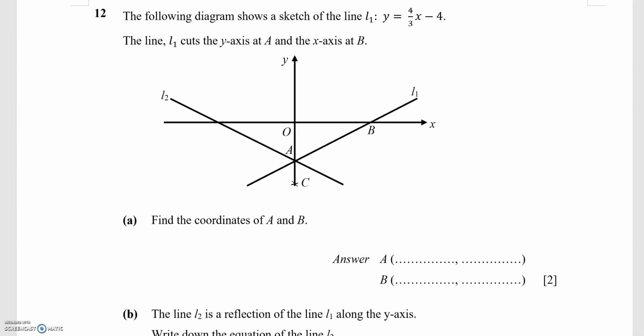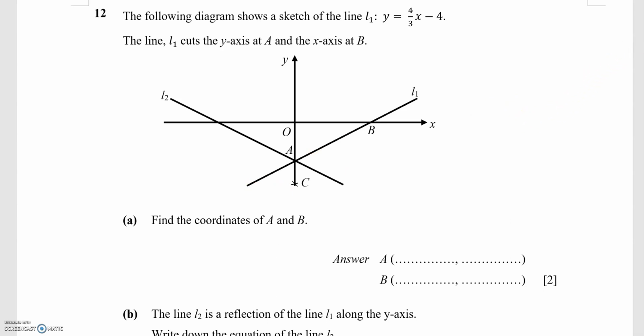For this question, the diagram shows a sketch of the line L1, y equals 4 over 3x minus 4. So L1 is over here. The line L1 cuts the y-axis at A and the x-axis at B. Now, a quick recap.